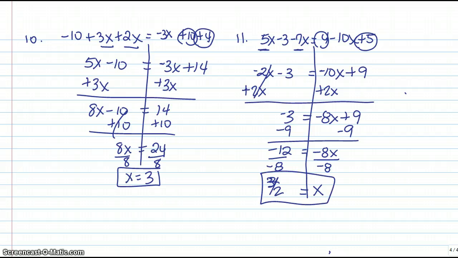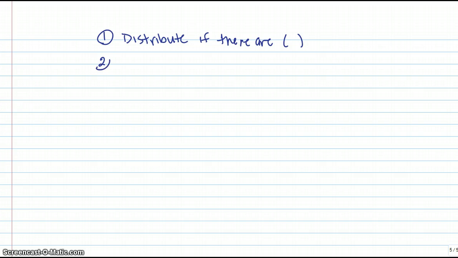Alright, so let's do a quick summarization of steps. The first step is to distribute if needed. So distribute if there are parentheses. Step number 2 is to combine like terms.